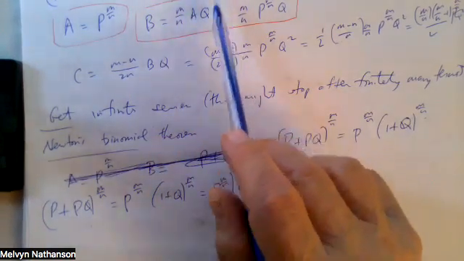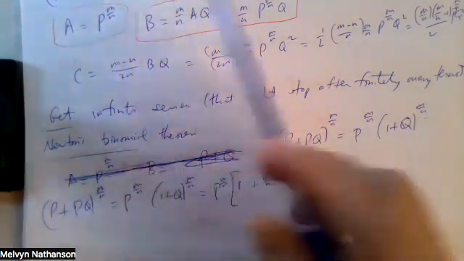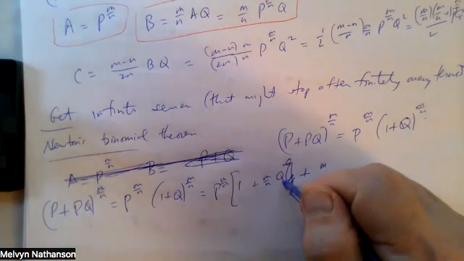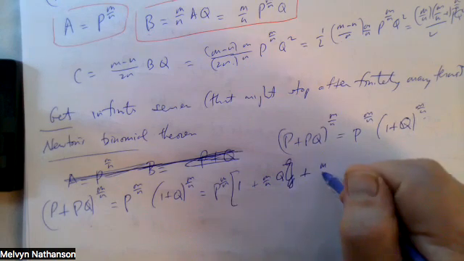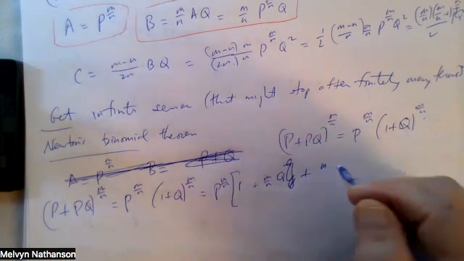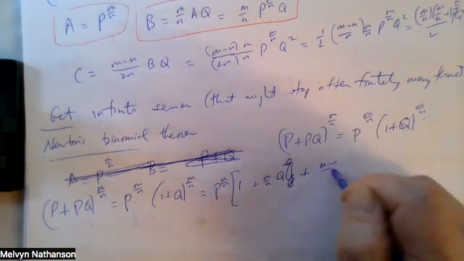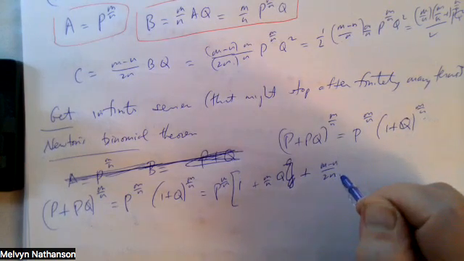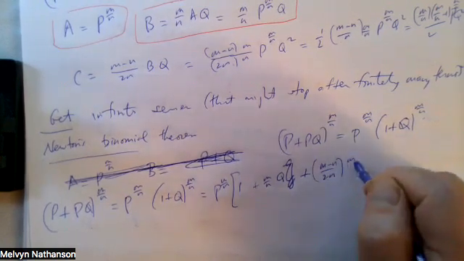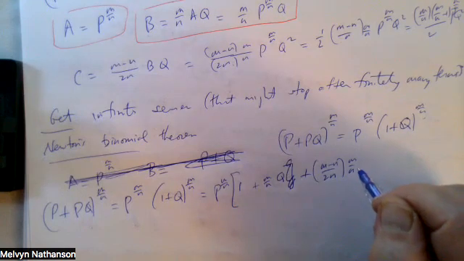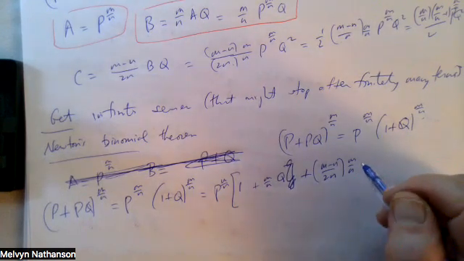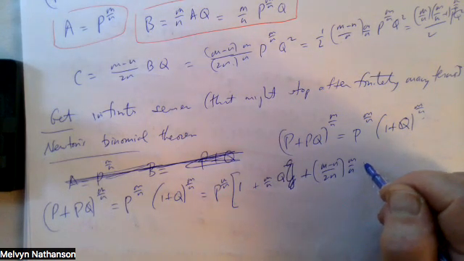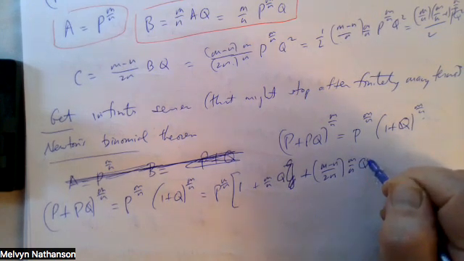The second term, A is P to the M over N. So this is 1 plus M over N times Q. The next term, I have M minus N over 2N times B, which is M over N, times A, P to the M over N, times, I get a Q squared.